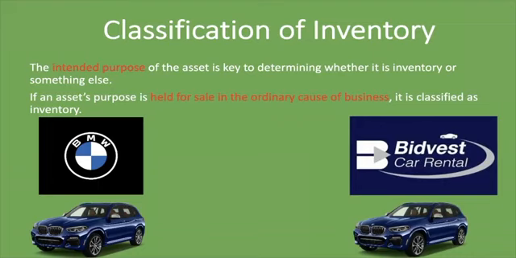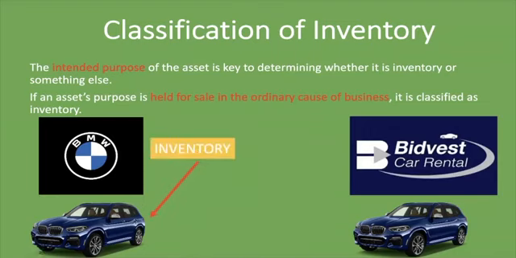Now, what will these two companies classify their cars as? Well, for BMW, what's their intended purpose for having the car? Their intended purpose is to sell those cars. So BMW produces cars so that it can sell them. Now you can see what is highlighted in red. If it's held for sale in the ordinary course of business, it is classified as inventory. Therefore, this car that you see here, BMW will classify it as inventory.